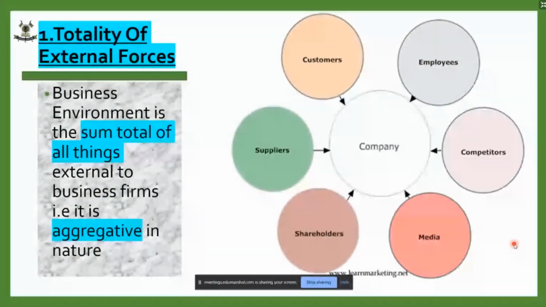So it is total in nature. It is the sum total of all the things which are outside or external to the firm. And when we take that total together, that will be business environment. That is the first feature or identity of business environment. Fine. First is totality. The second point was specific and general forces.